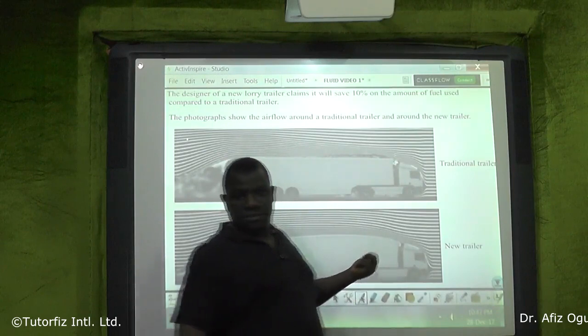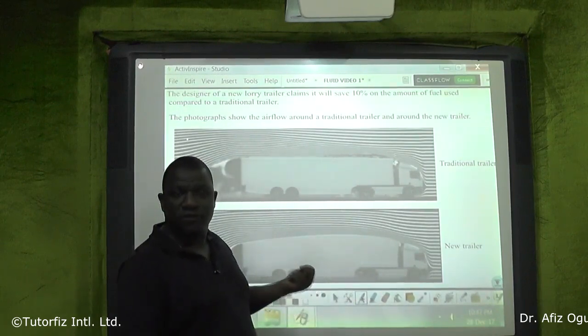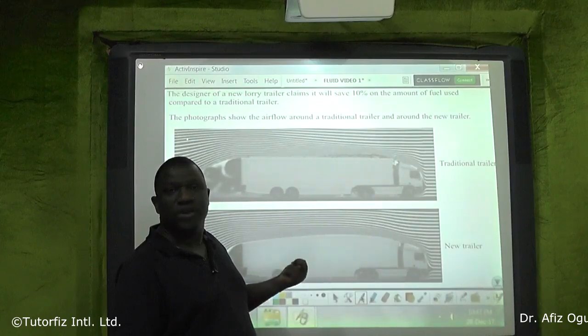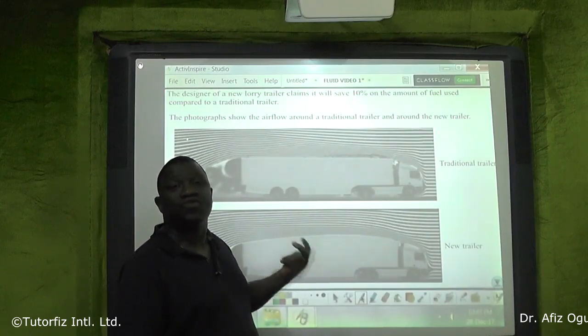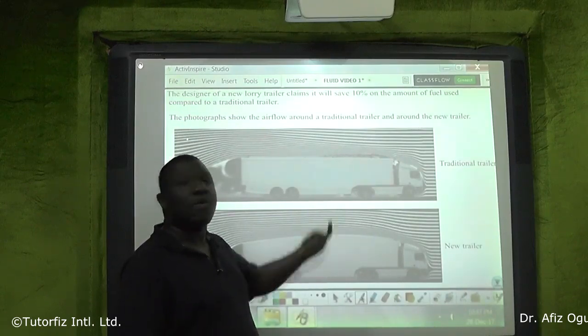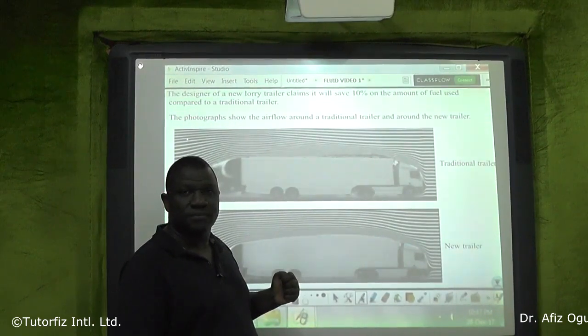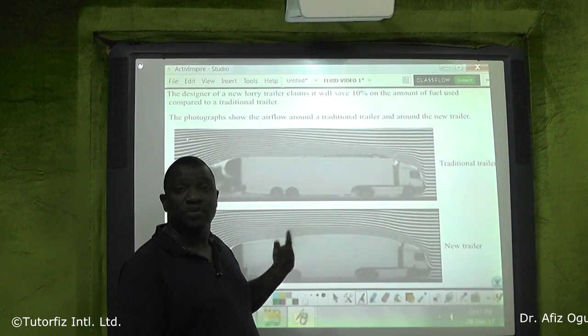Energy is required to form this turbulence. Or you just say the trailer has to do work to overcome the drag force associated with the turbulence, because the more the turbulence, the more the drag force. So energy has to be used.